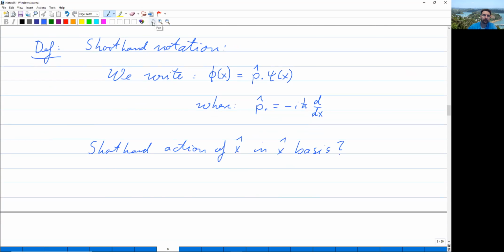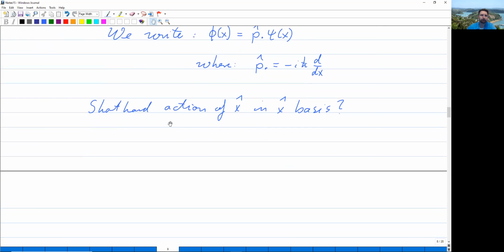Let's say we have the abstract equation. The abstract equation could be like this: phi is equal to x hat acting on psi. That's the abstract one. And now let's write this down concretely in the position basis.